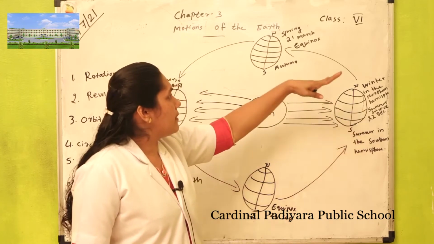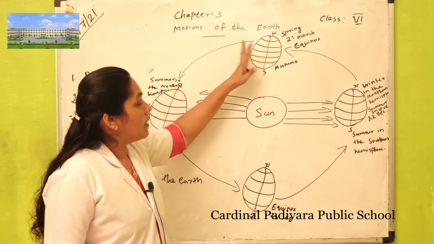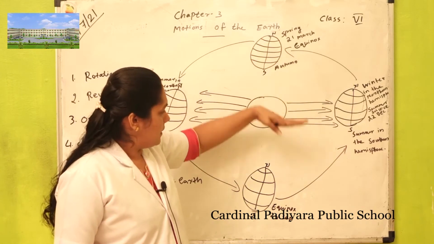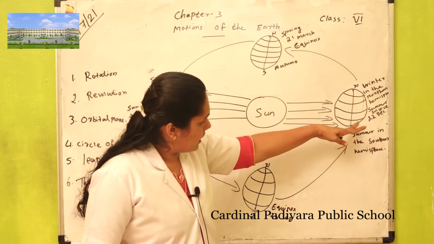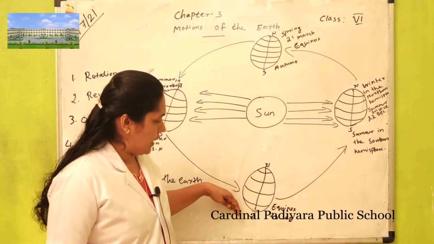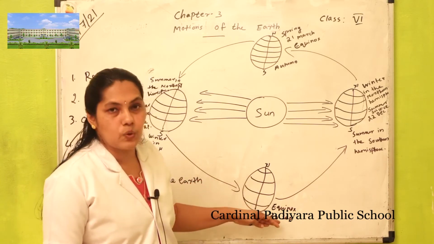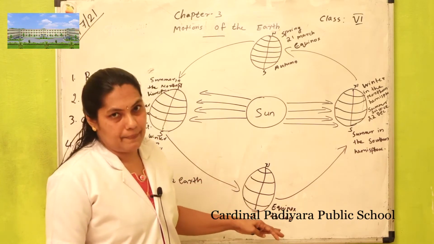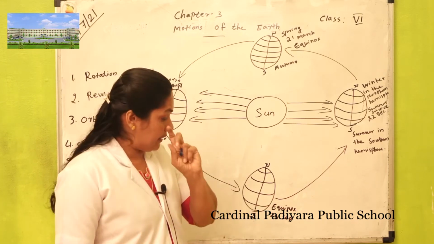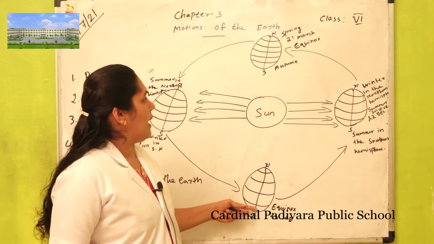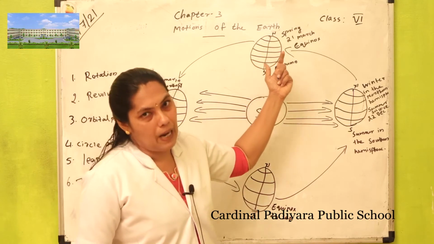Then another important point is the equinox. As the earth rotates to another position, the equinox happens on 23rd September. The equinox happens two times, on 23rd September and 21st March.